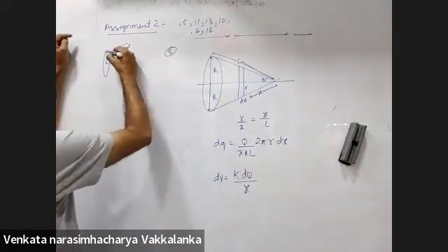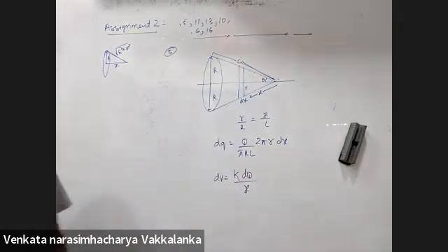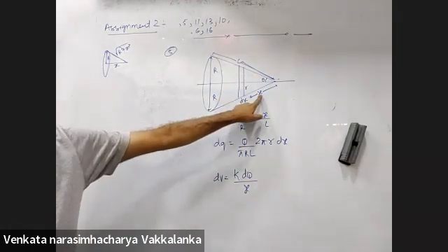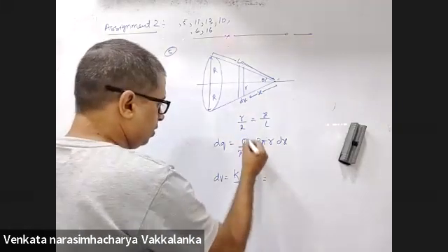Root over of r square plus x square is x here. This slant length, so directly I can take it as x instead of small r. I already took that in terms of x. k dq by x. How much is dq?